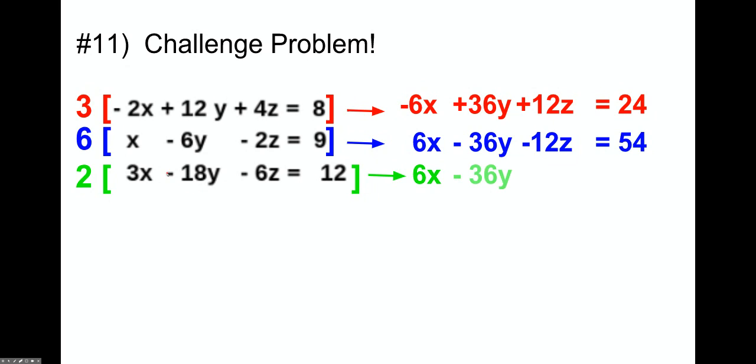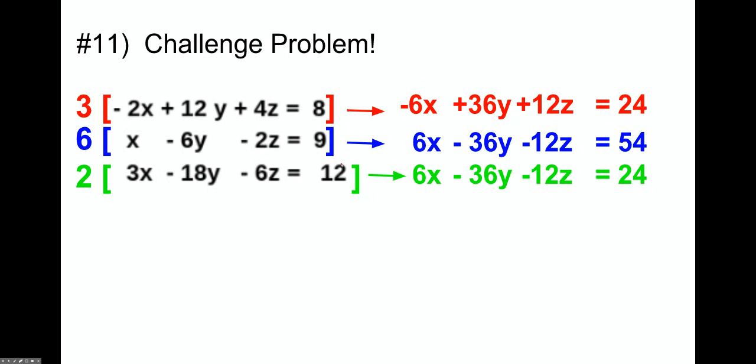Don't forget the negative. So that's negative 36y. What's 2 times negative 6? Well, 2 times 6 is 12. Don't forget the negative. So it's negative 12z. Last number. What's 2 times positive 12? 2 times 12 is 24.